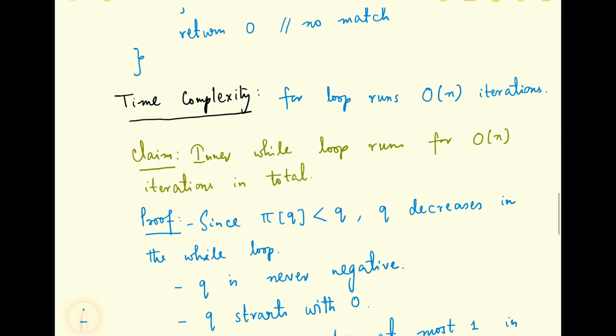So here is how we proceed. The for loop runs for order n iterations, and we will show that the inner while loop runs for order n iterations in total.